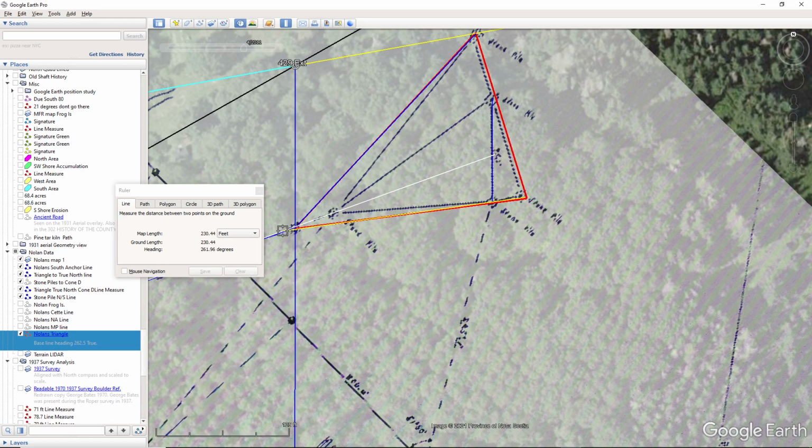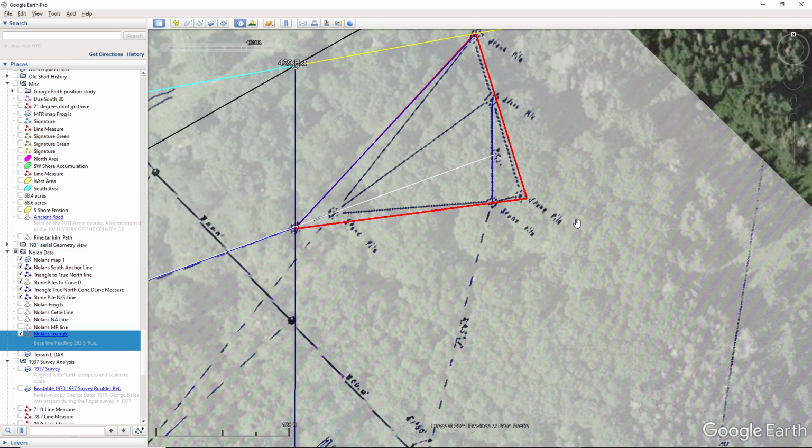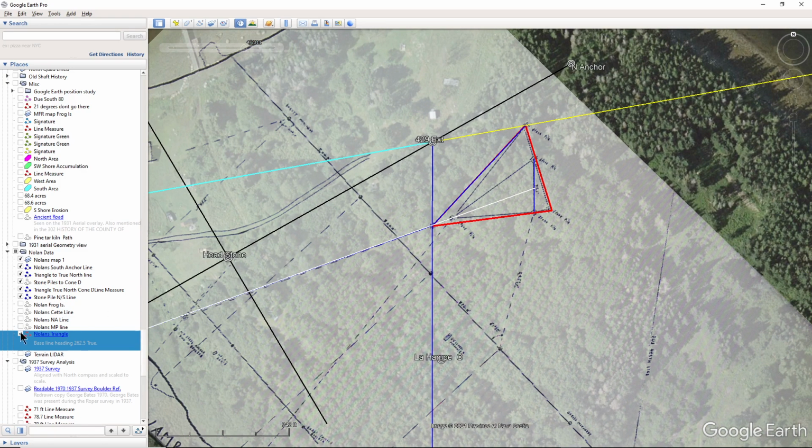So this base triangle is at about 262 and 31 degrees. So that's 262 and a half degrees. So this is another confirmation. This is lined up properly.